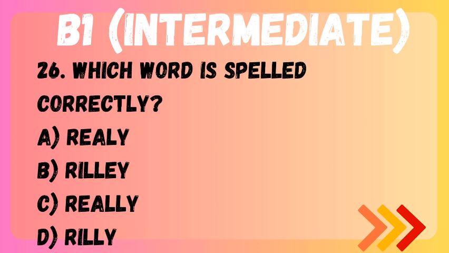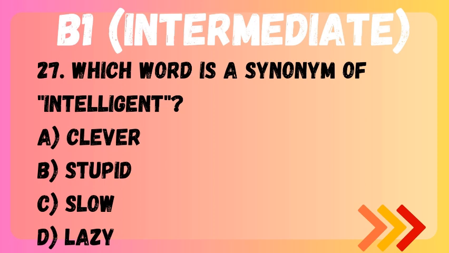26. Which word is spelled correctly? A. Really. B. Riley. C. Really. D. Really. 5, 4, 3, 2, 1. 27. Which word is a synonym of intelligent? A. Clever. B. Stupid. C. Slow.